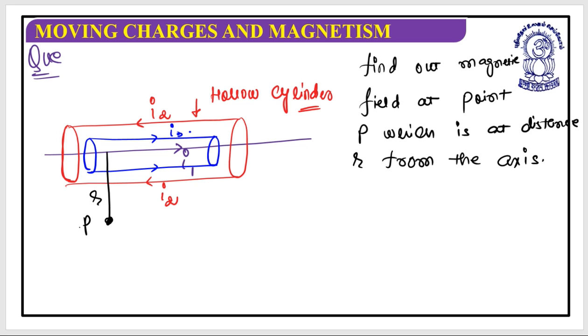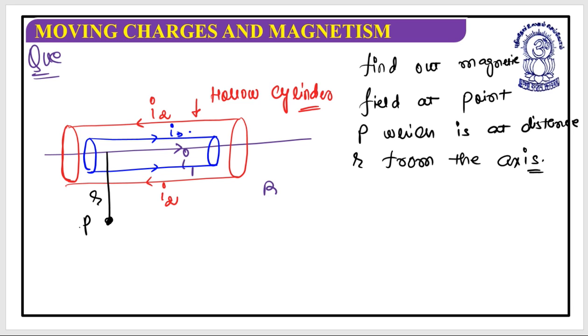You need to find out a magnetic field at a point P, which is at distance r from the axis. So what you need to do is write down the magnetic field due to each one. So let's do it quickly.